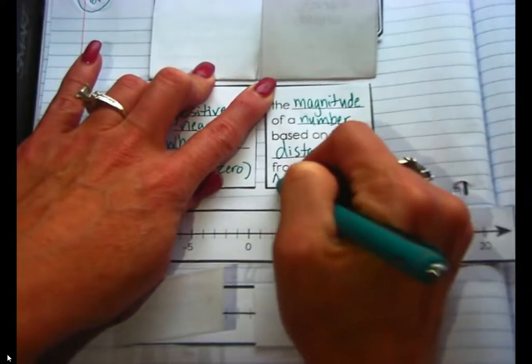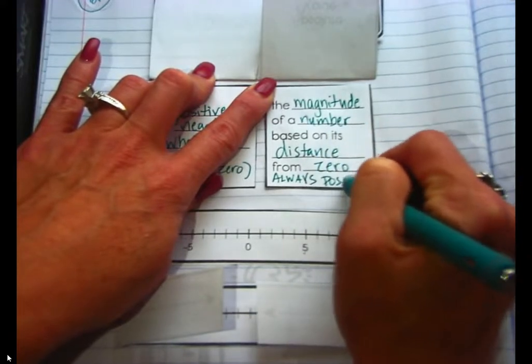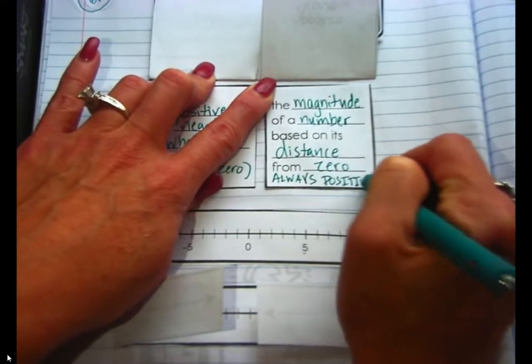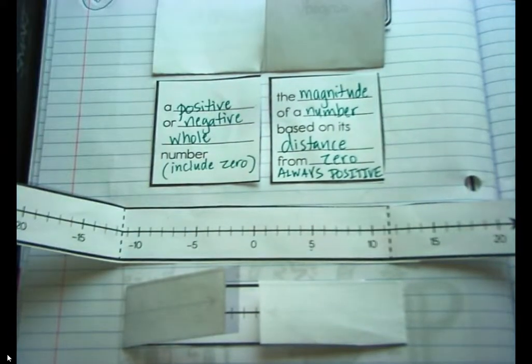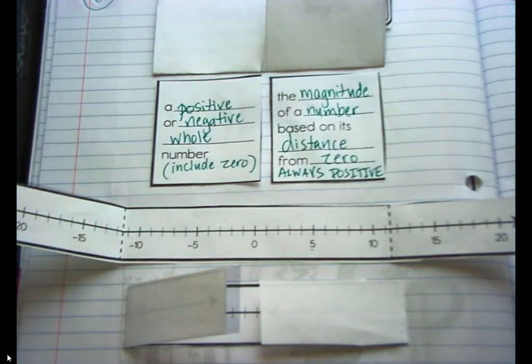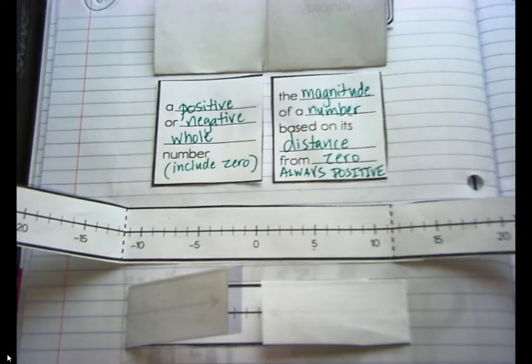And it's always, write that on your notes, always positive. It's never negative. Don't confuse this with opposite. The opposite of 5 is -5. The opposite of -5 is +5. Those are opposites that you learned about last year in probably 5th grade. But for absolute value, it's always, always positive.